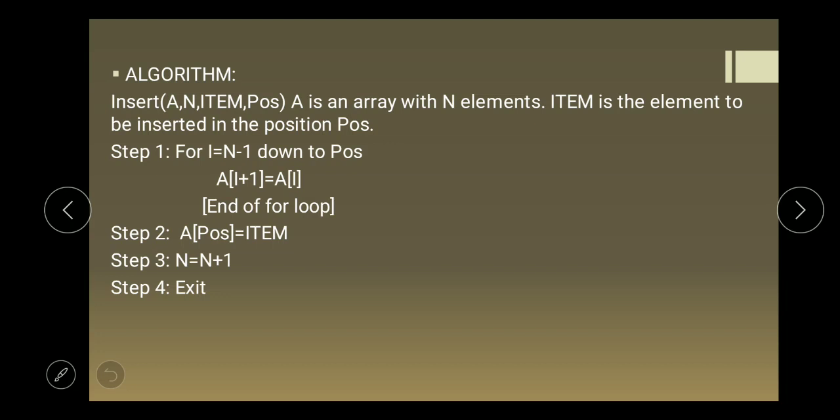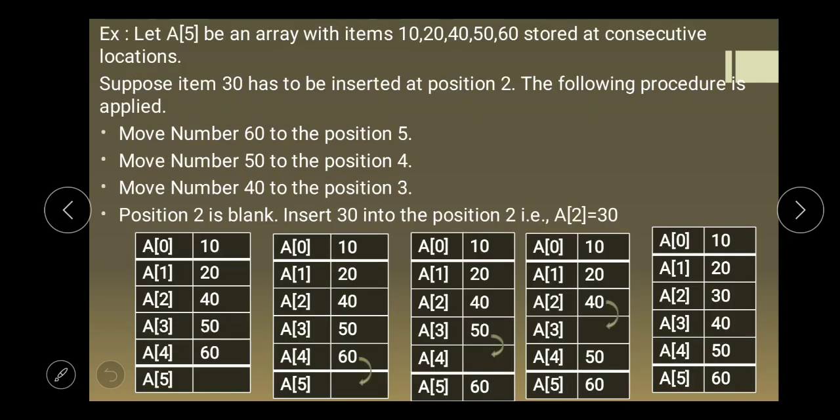Item is the element to be inserted in the position POS. Okay, step 1, for I equal to n minus 1 down to position. That is, here we have to repeat our loop to move the numbers to the higher order position, right?